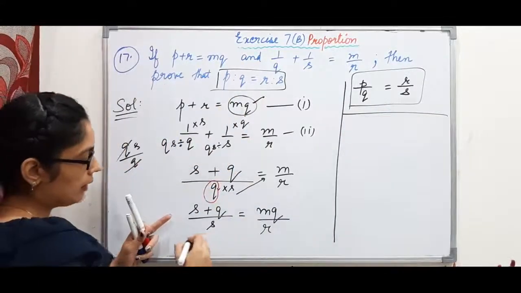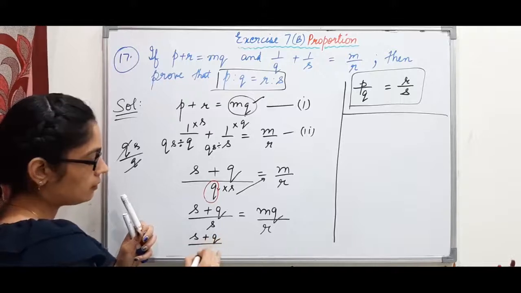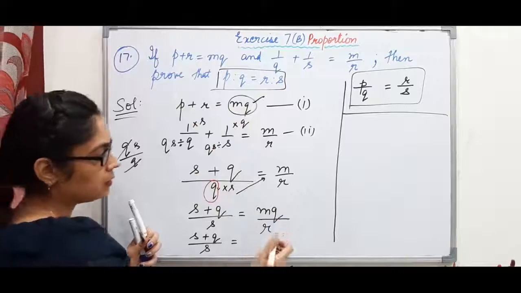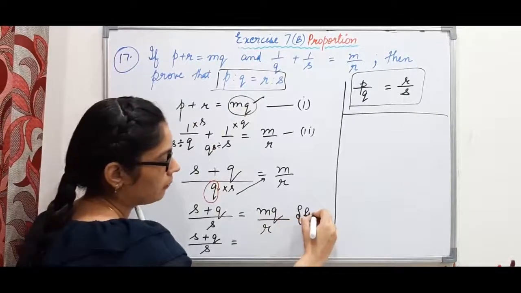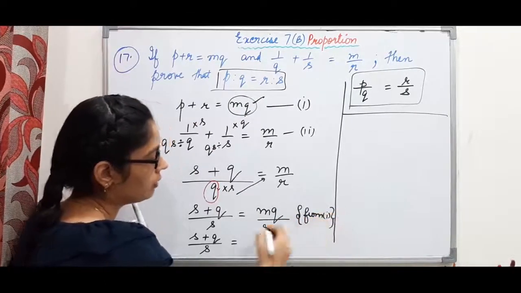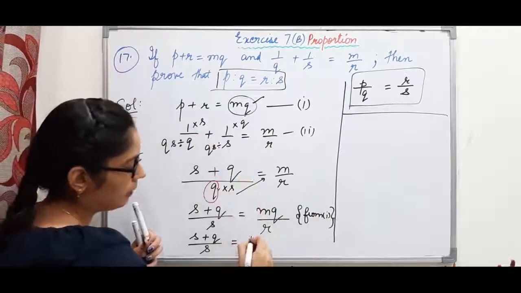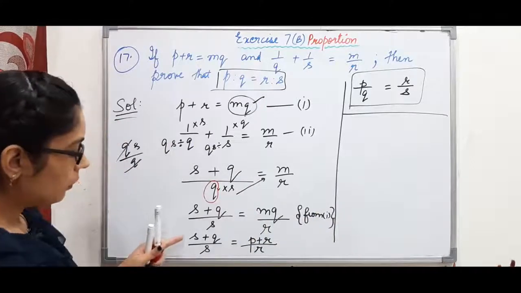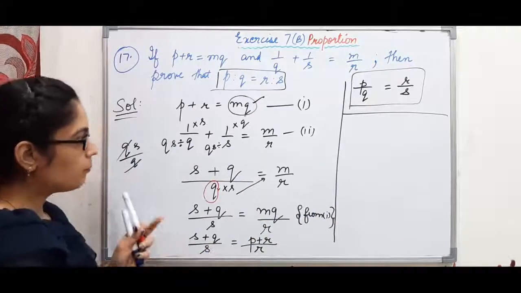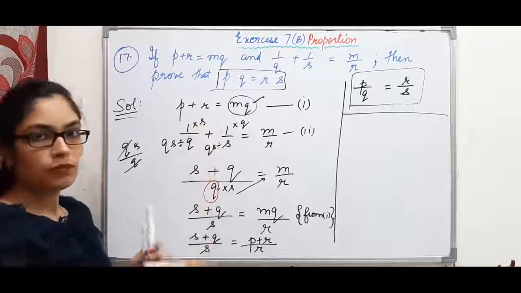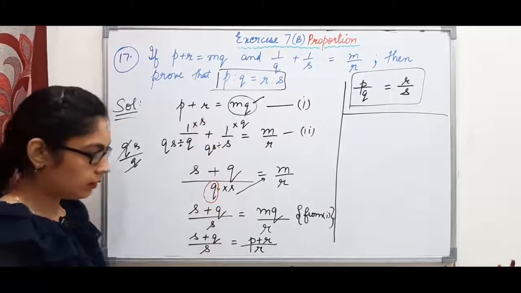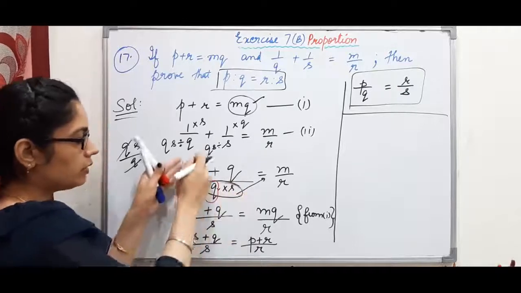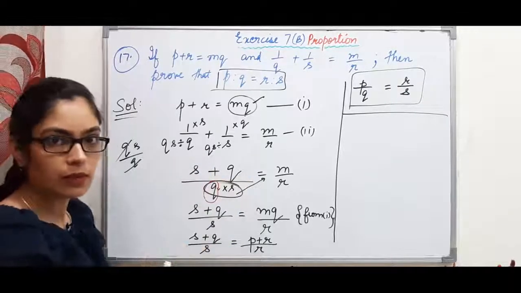Now S plus Q by S is equals to, see, the value of MQ is P plus R. So let us substitute from 1, MQ is equals to P plus R, so P plus R by R. Now, when we take LCM, the denominator is common to both numbers.